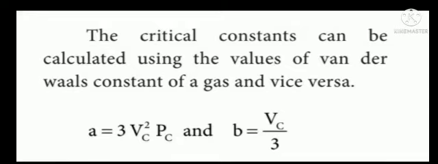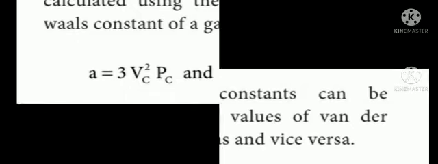The critical constants can be calculated using the values of van der Waals constants of a gas and vice versa. A is equal to 3Vc square Pc and b is equal to Vc by 3. Hence, we completed the topic derivation of critical constants from van der Waals constants.